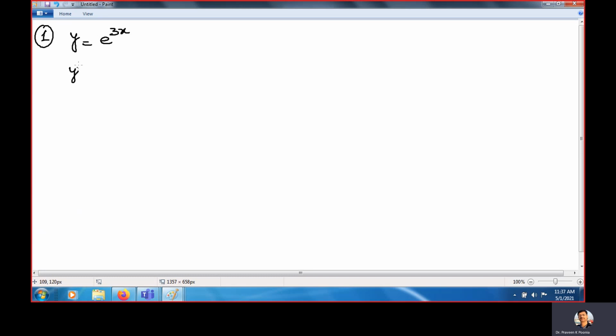What is y dash? Y dash is d by dx e power 3x. So first we will differentiate e. And what is the differential of e? It is same to same. E power x differential is e power x. But here it is not x written, here it is 3x written. So dear friends, you need to differentiate 3x separately.